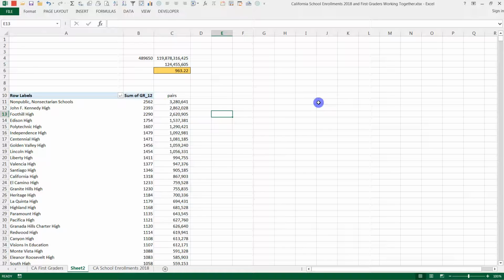Anyway, I just wanted to show you the Excel steps I had to go through to do that. It's not hard. It's just tedious.